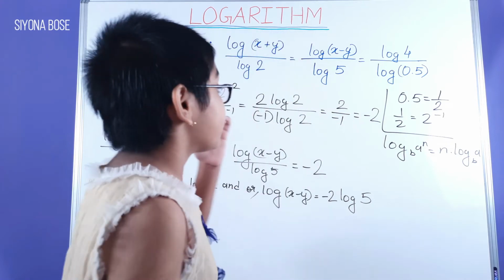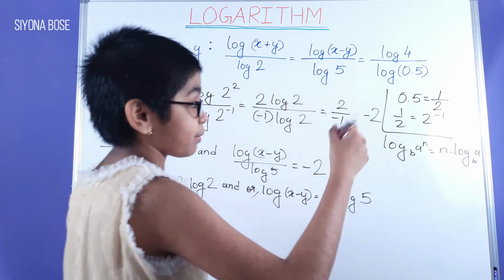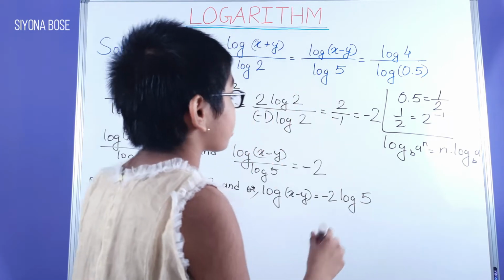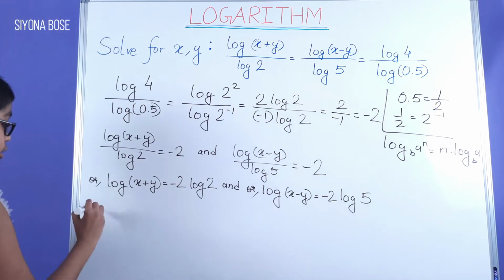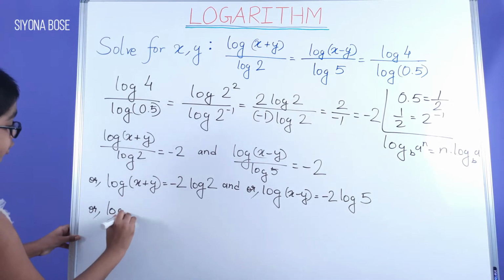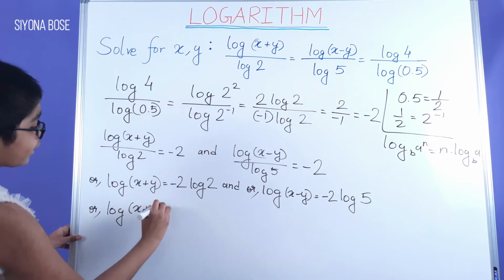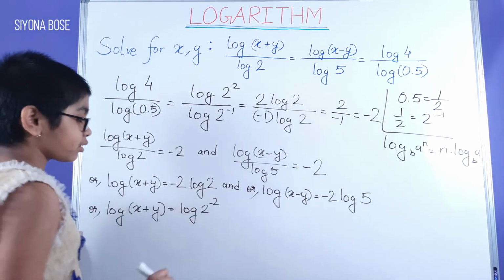Let's continue using the reverse of this: n into log of a to the base b is equal to log of a to the power of n to the base b. Then we will get log of (x plus y) equal to log of 2 to the power of minus 2.